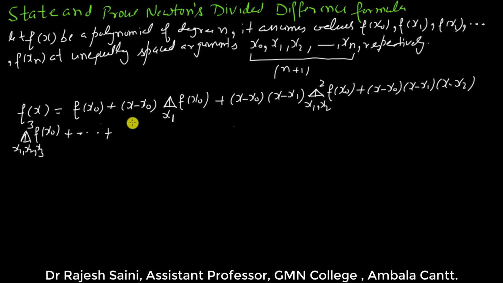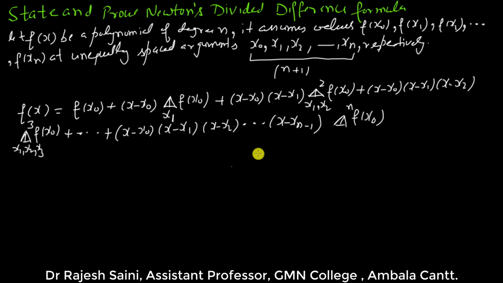So whenever here will be n, this product of terms will go up to 1 less, and 1 less than n is nothing but up to x minus x(n minus 1), and here will be n. Below you will write x1, x2, 3 dots, xn.